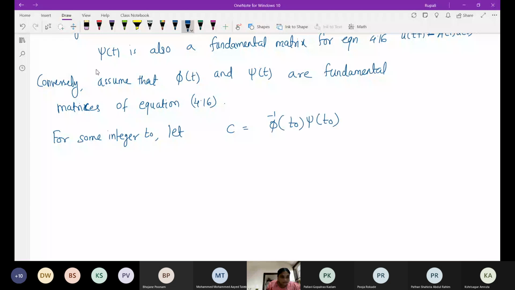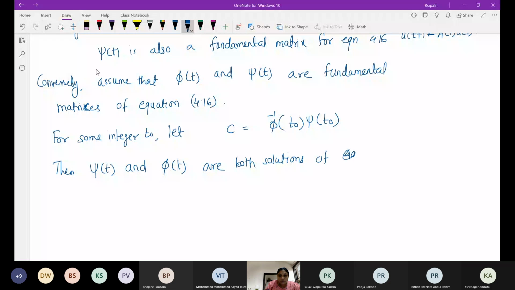Then what can I say? Then psi t and phi t are both solutions. They are fundamental matrices. Therefore, they both will satisfy 4.17. So psi t and phi t are both solutions of which equation?